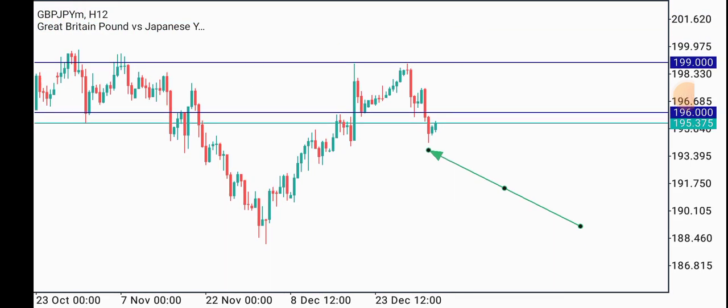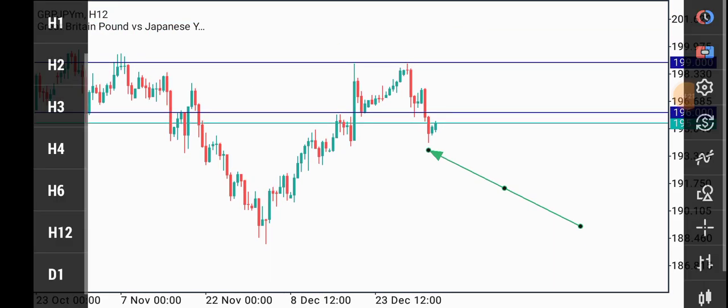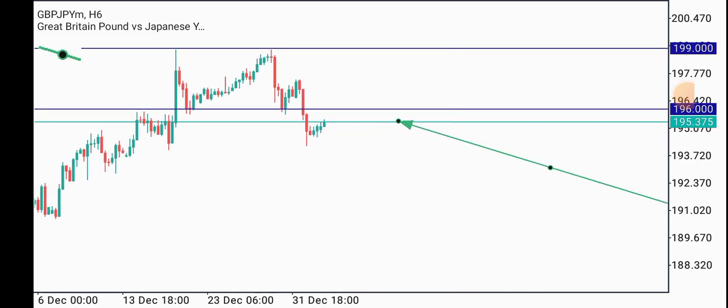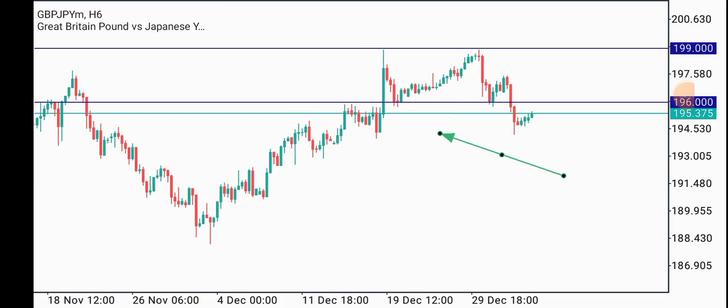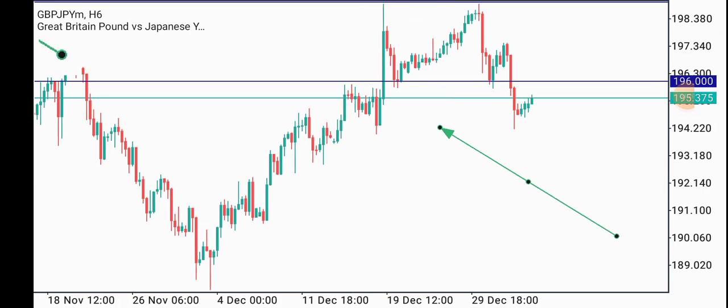So let's still scale down to a lower time frame. From this time frame, we have this impulsive leg kind of creating structure. We are going to view this now. This is the 6-hour structure.